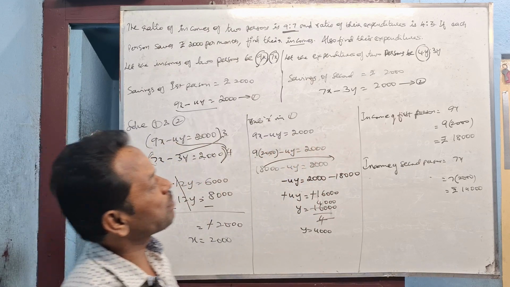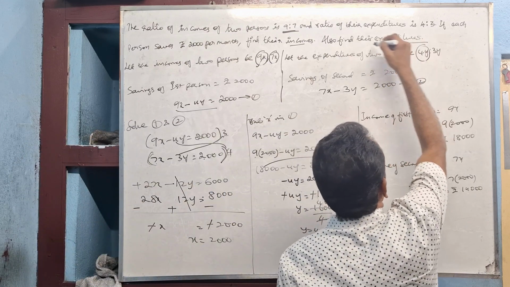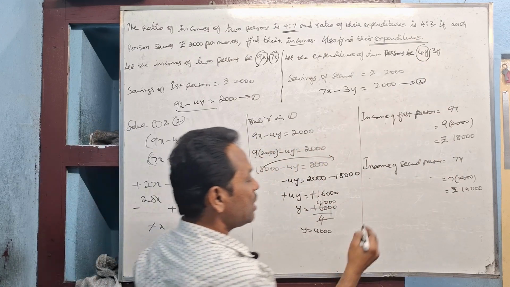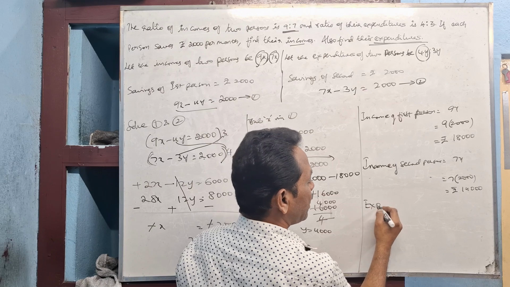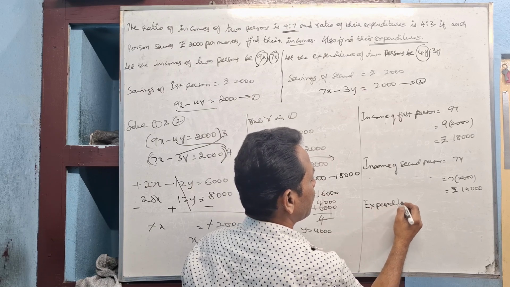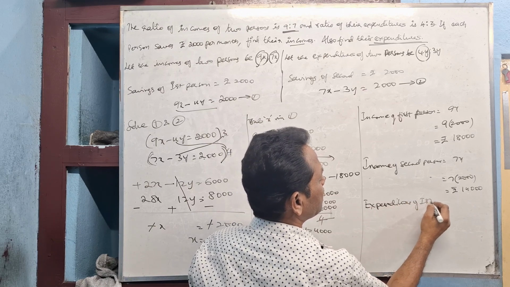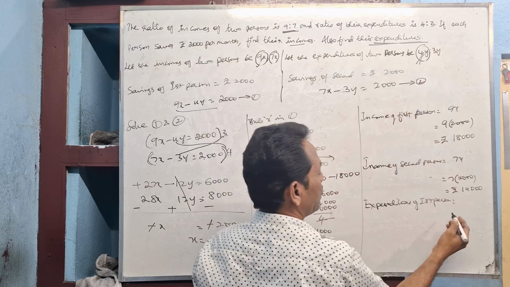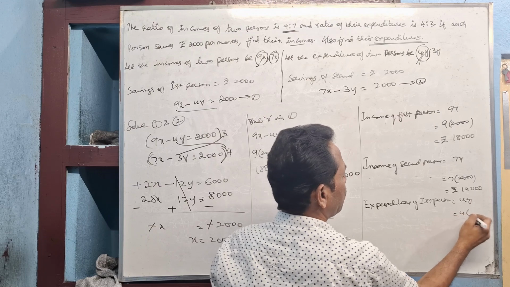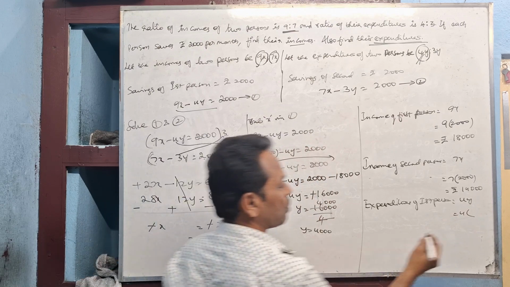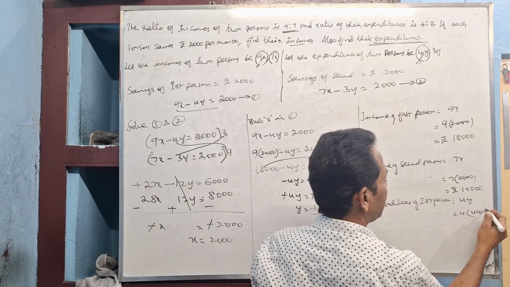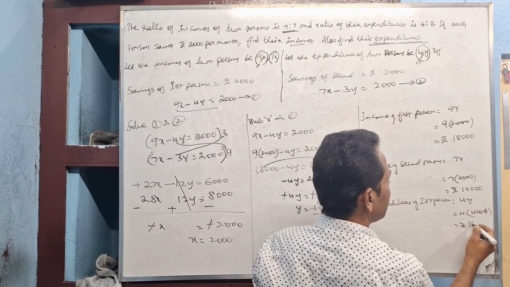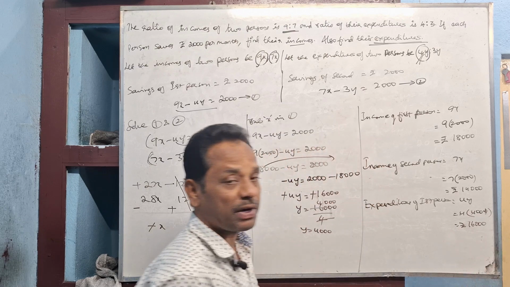Now I want the expenditures too, as the question requires the expenditure also. Let me find the expenditure of the first person. The expenditure of the first person is 4y. 4 into the value of y, which is 4,000, gives rupees 16,000 as the expenditure of the first person.